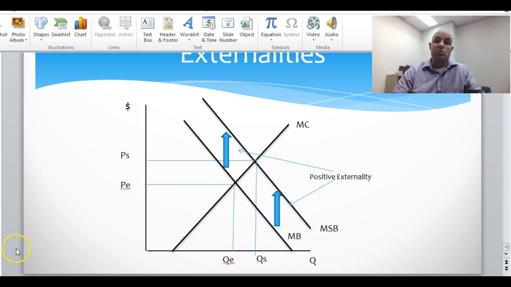And sometimes the government will step in to try to get the production levels where they need to be, because with a negative externality, we're producing more than is socially desirable, and with a positive, we're not producing as much as we need to. So the government will sometimes step in and try to correct this.